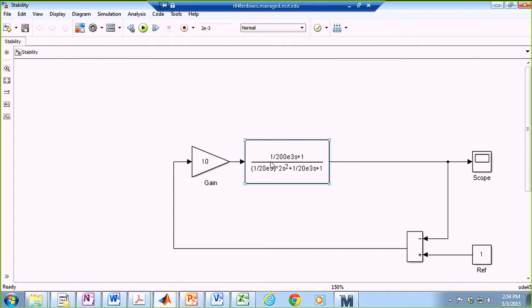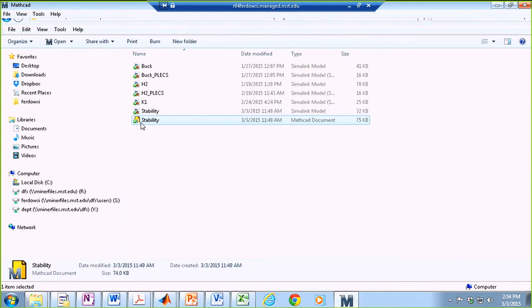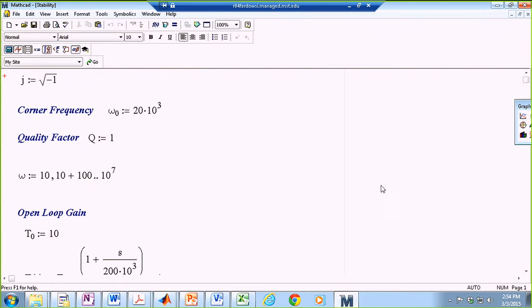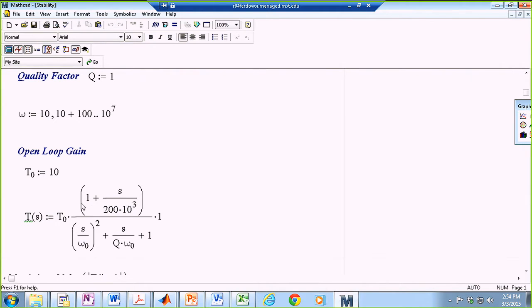Now, in parallel with this, I am actually looking at the Bode plot behavior of the very same system. So this is basically my loop gain, similar to what I have in MATLAB, which is some DC value of 10 times, I have a 0 at 200,000 radians per second, and the denominator is a second order system.